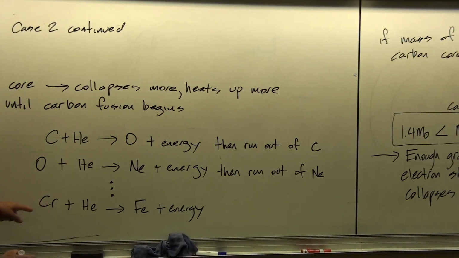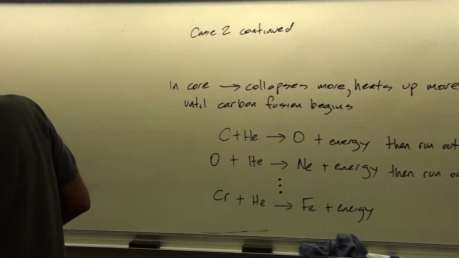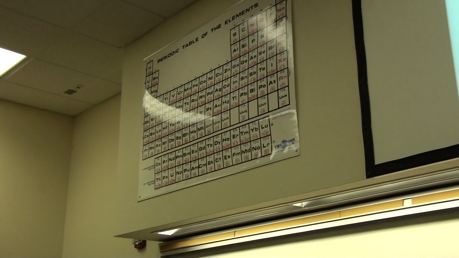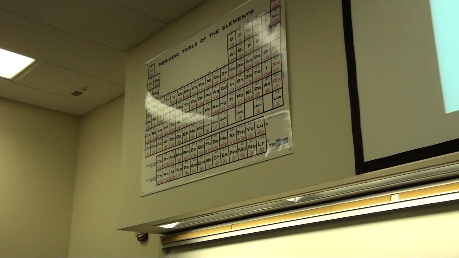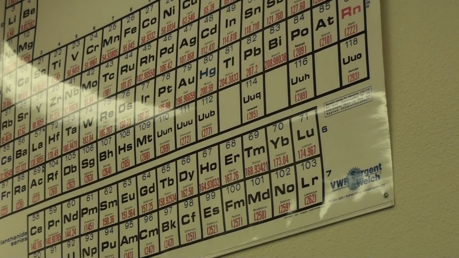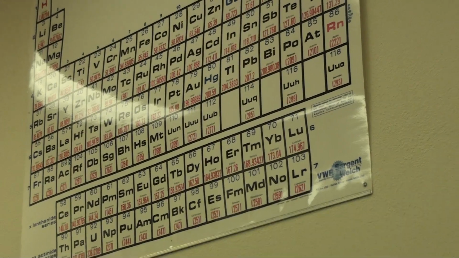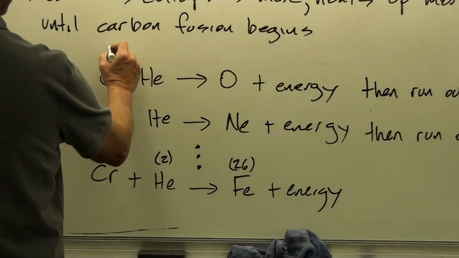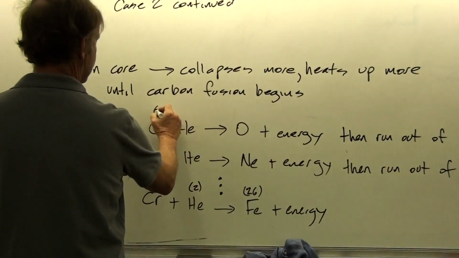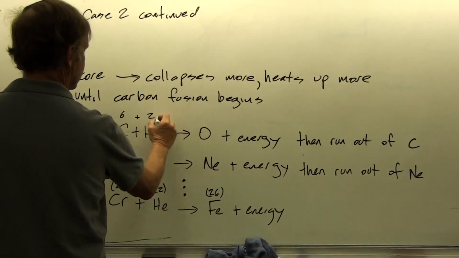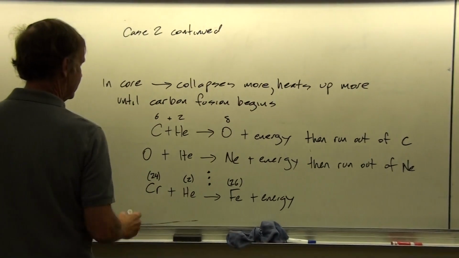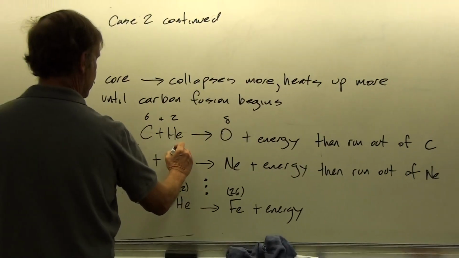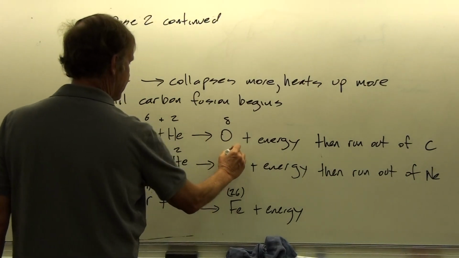Chromium is element number 24 on the periodic table, meaning 24 protons in the nucleus. Helium is element number 2. Iron is element number 26. So here, 6 plus 2 is 8. Here, 8 plus 2 is 10.